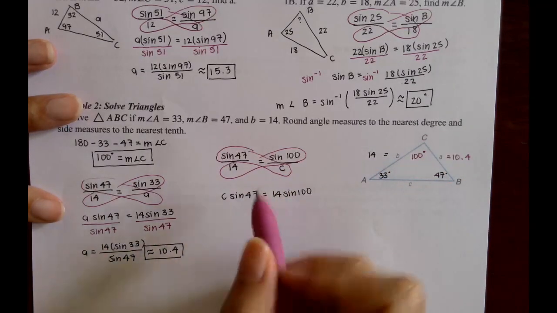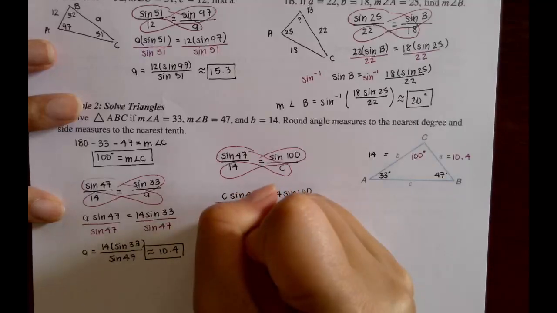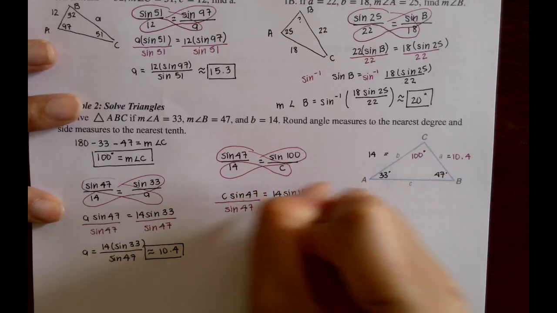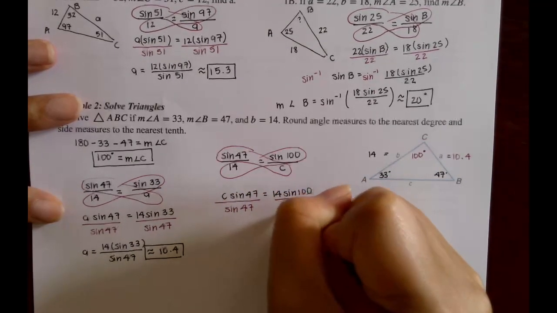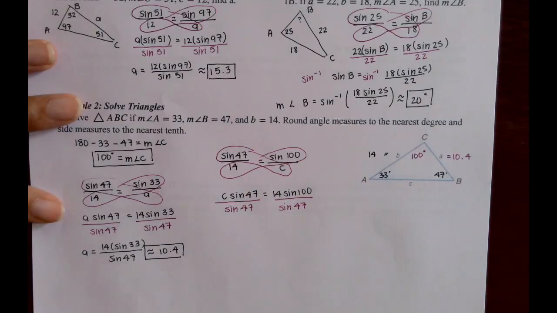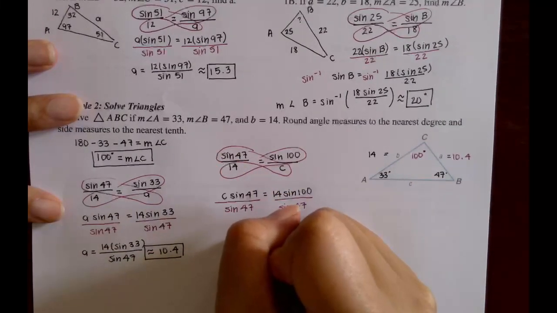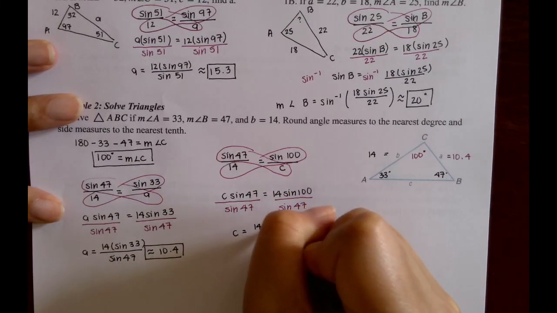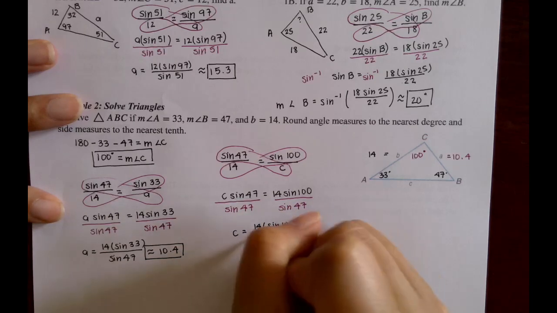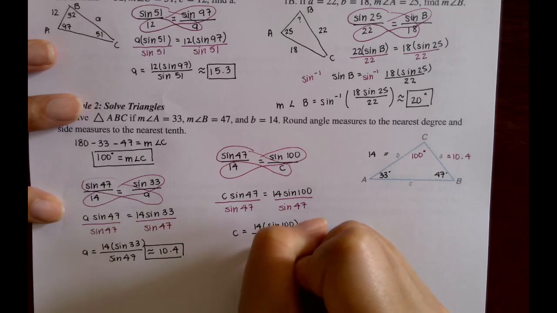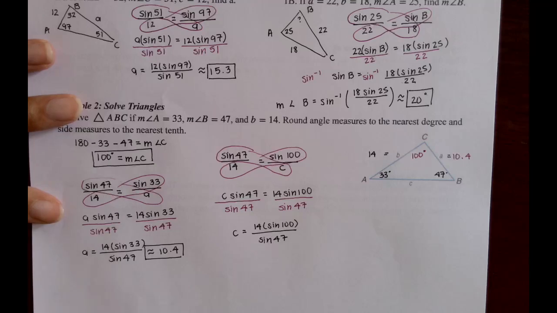Since the C is being multiplied to the sine 47 right now, I'm going to divide to get rid of it. And this will give me C is 14 times sine 100 over sine 47. Then I'm going to enter it into my calculator.